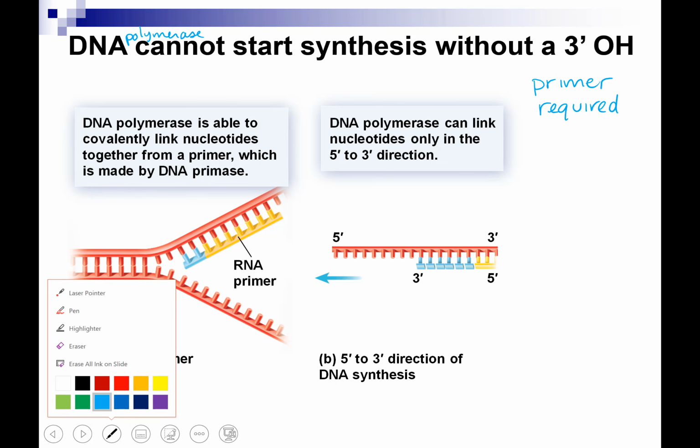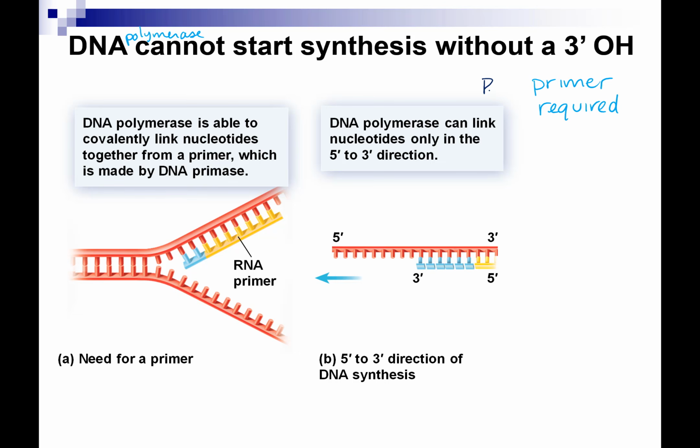And the primer is actually made out of RNA. So RNA is also made out of nucleotides. Phosphodiester bonds can base pair, and any kind of RNA polymerase can start what we call de novo. It can start without any nucleotide.